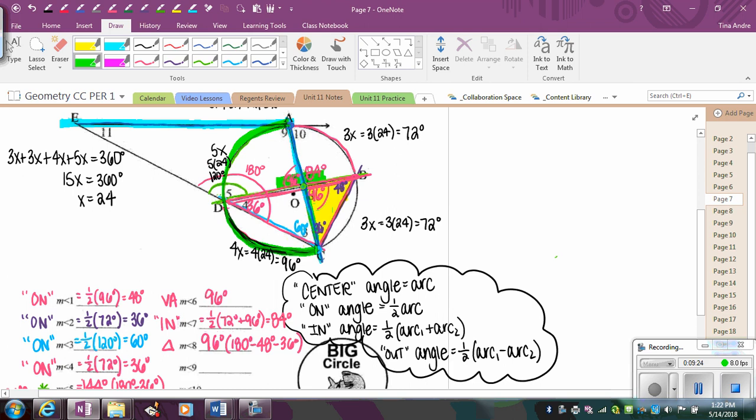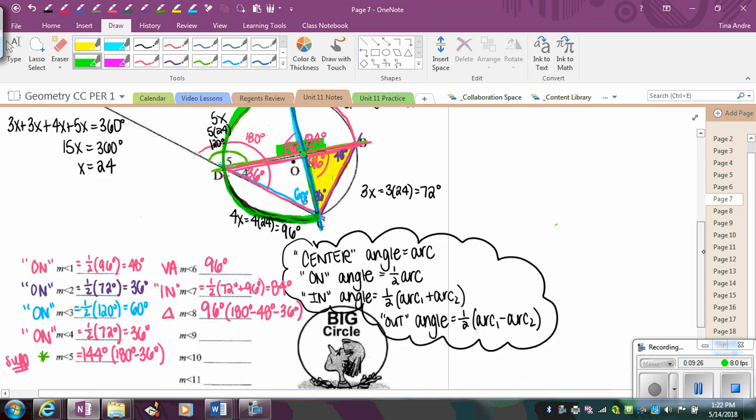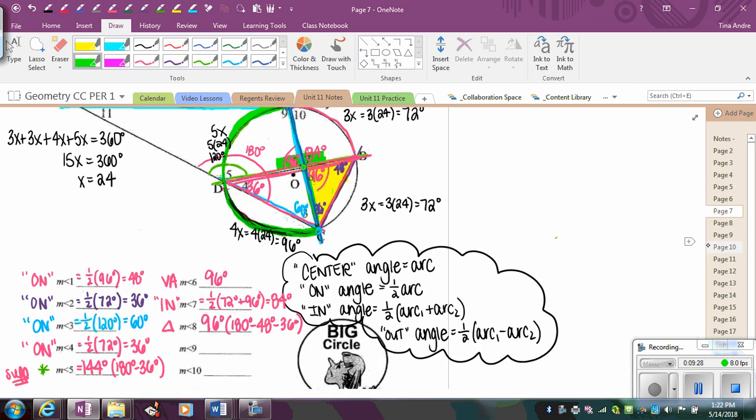So you have to use this entire arc. So for this one, it's an on angle. If you look at that entire arc, you have to do 120 plus the 96. So it's going to be 1/2 of 216 when you add those two arcs together. So it's 1/2 of 216, which gives you 108.